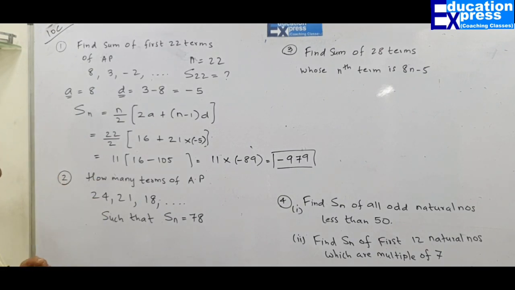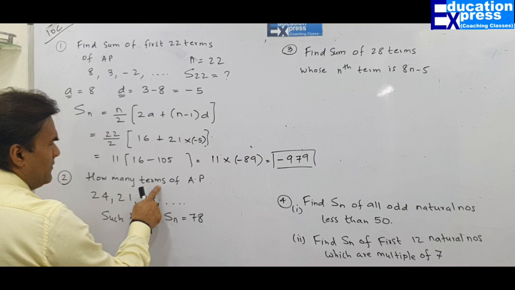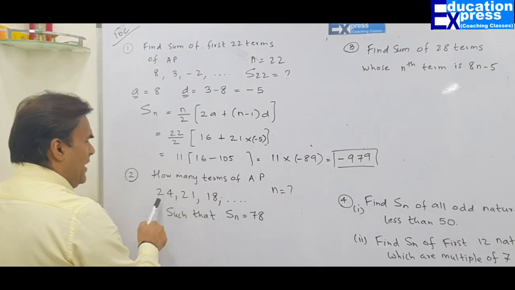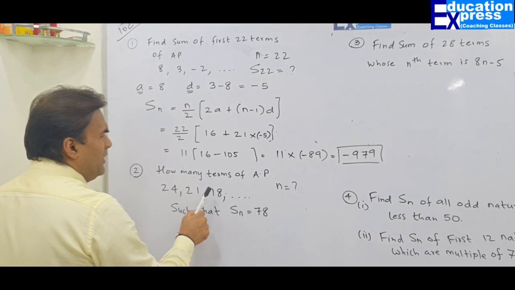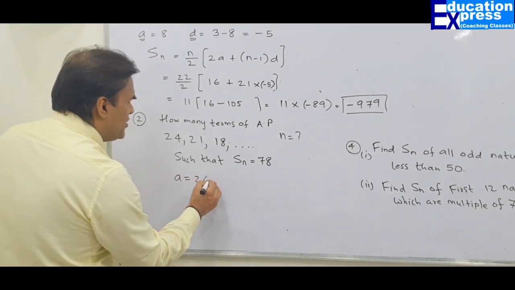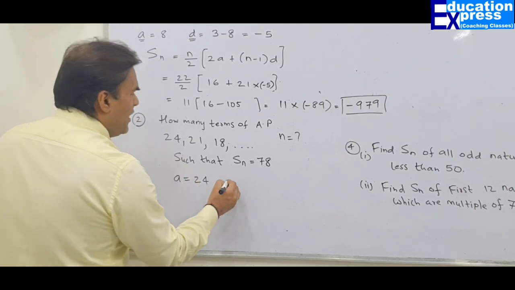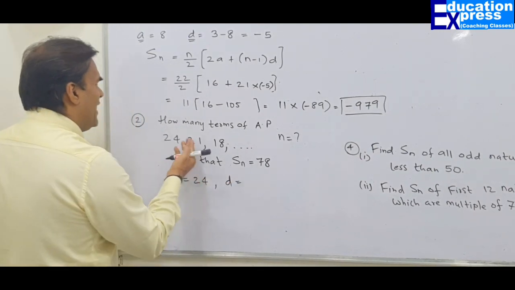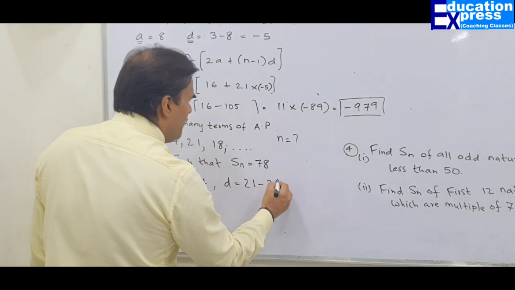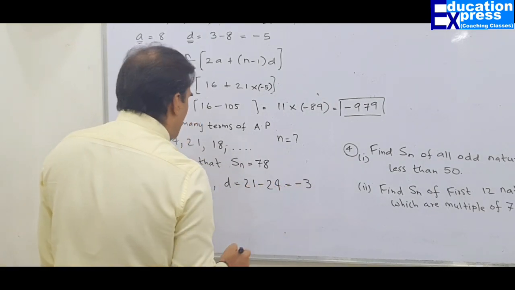See the second question, my dear friends. How many terms? How many terms means n. Of the AP 24, 21, 18. In this example A is 24. What about D? D equals the second term minus the first term: 21 minus 24, that would be minus 3.